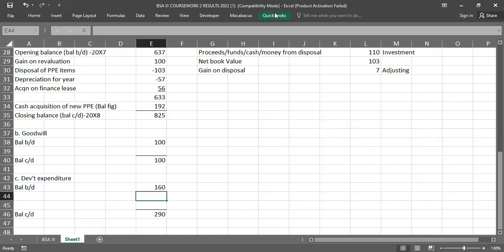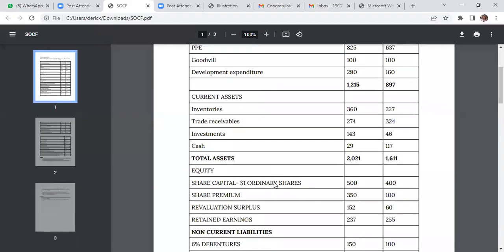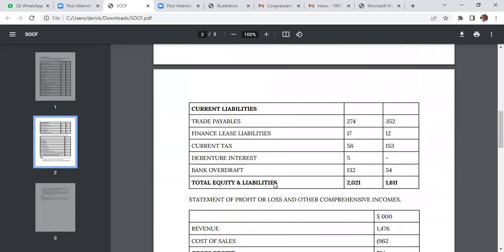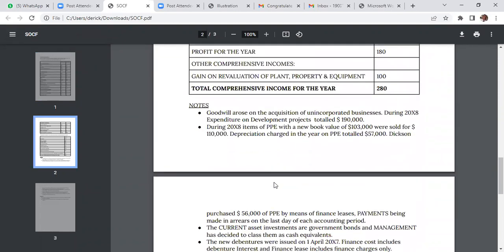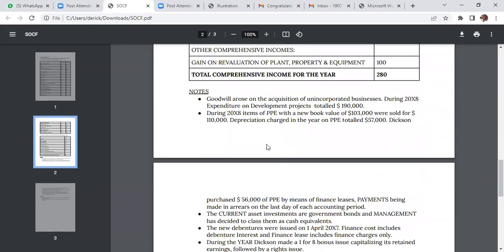So when you go to your additional information, they said here that during the year which we're looking at, expenditure on development costs or projects totaled 190. So we spent 190.